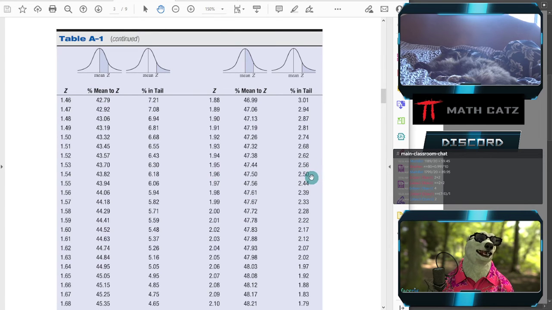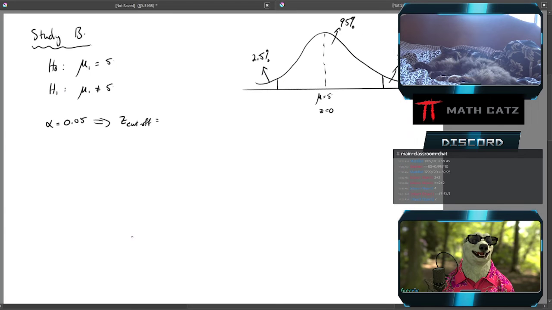Of course, software will fill in all the gaps if you do the research properly. This is just an abbreviated table in the textbooks. 2.5% sits at 1.96. So I write plus or minus 1.96. I have a 1.96 cutoff there, and because of the symmetry, a negative 1.96 over there. This is the positive one, and this is the negative one.